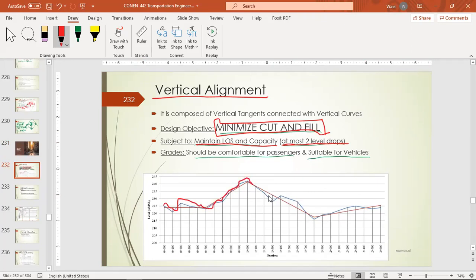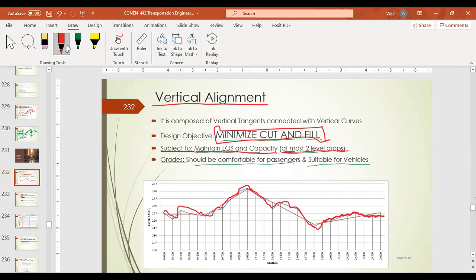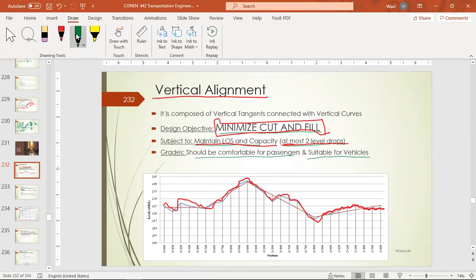Of course this way it's an irregular shape, and it has ups and downs and stuff like that. Our typical cars are not designed to drive on such rough terrain. So basically what we look for is a smooth ride. So how can we do that?